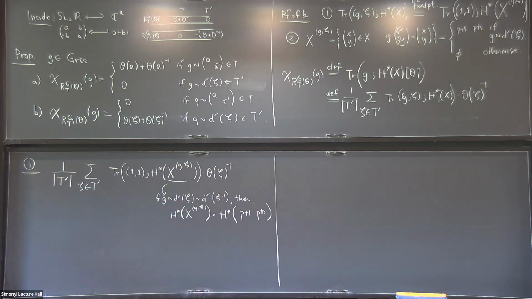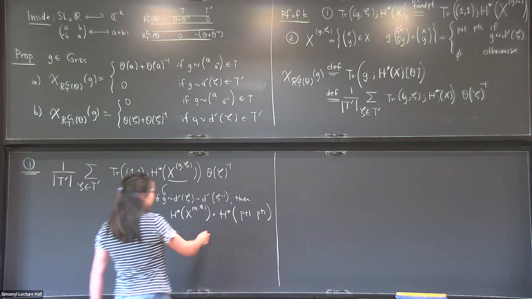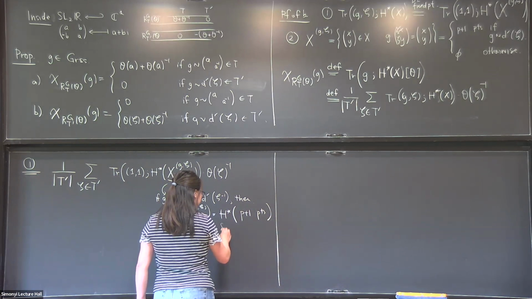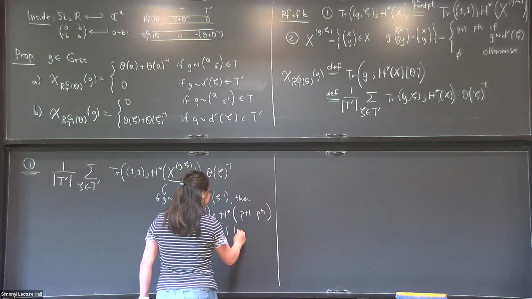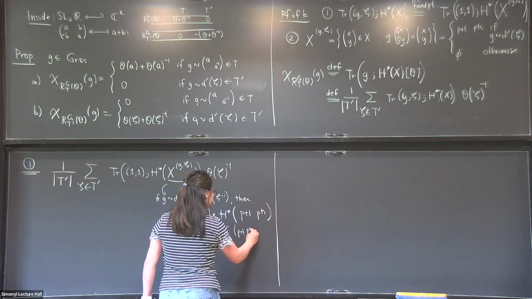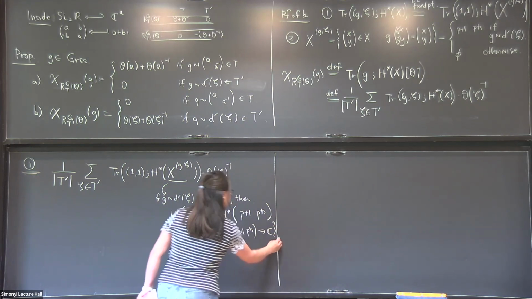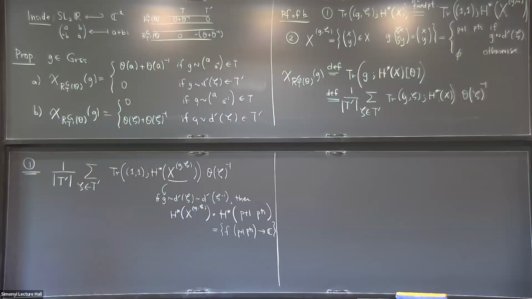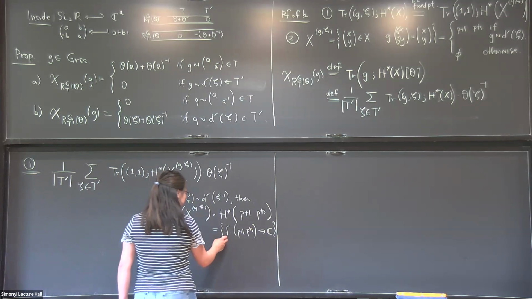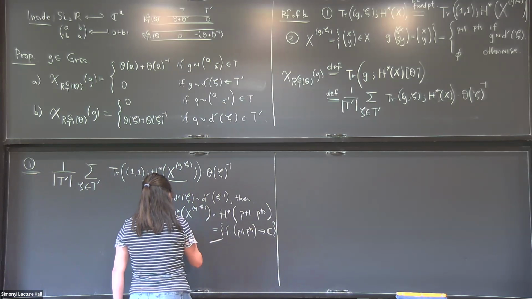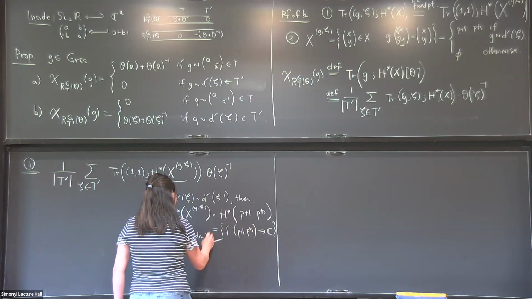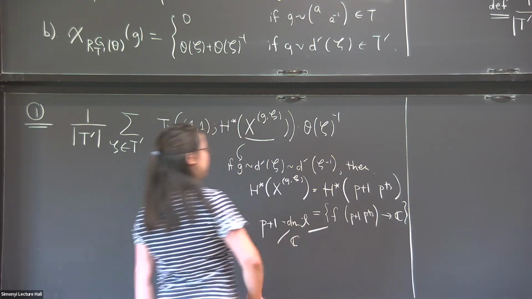Okay. And what is the cohomology of p plus 1 points? This is the space of functions on my p plus 1 points to C. This is a p plus 1 dimensional vector space over C. Okay.